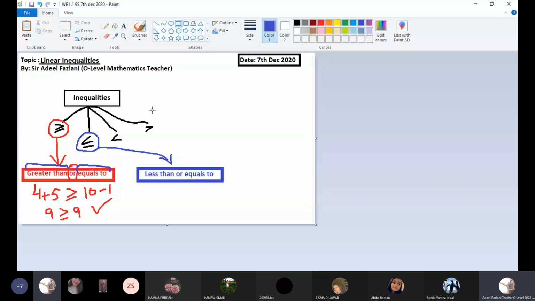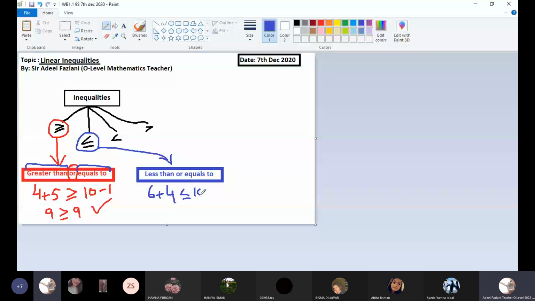Repeat please. 6 plus 4 is less than or equals to what? 10 minus 3.